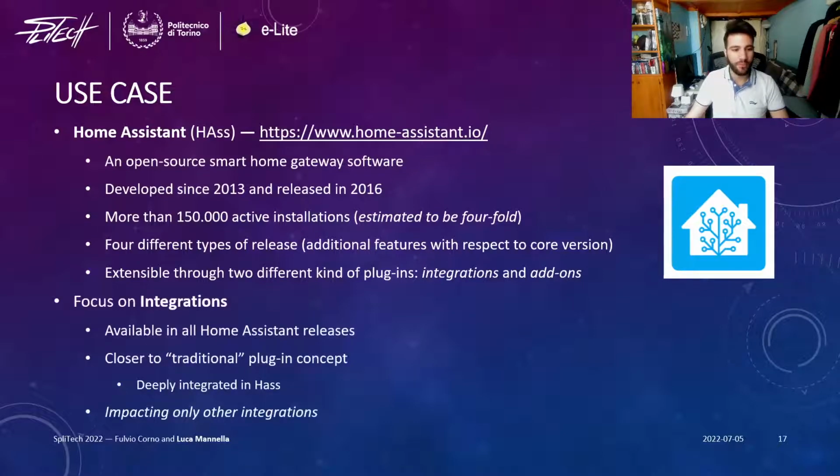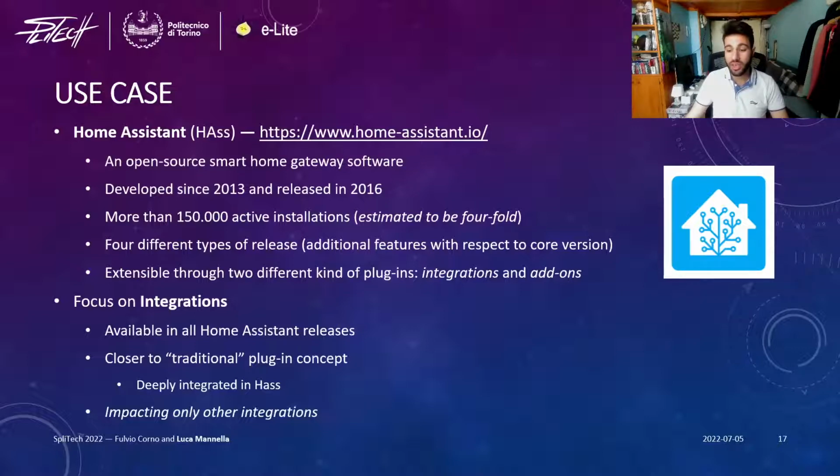Specifically, we focus our use case on integrations because they are available in all Home Assistant releases and they are closer to the traditional plugins concept. Indeed, Home Assistant add-ons are basically Docker containers executed and managed by Home Assistant.